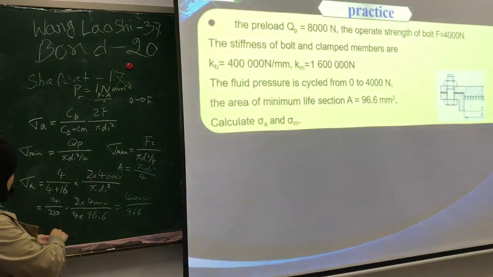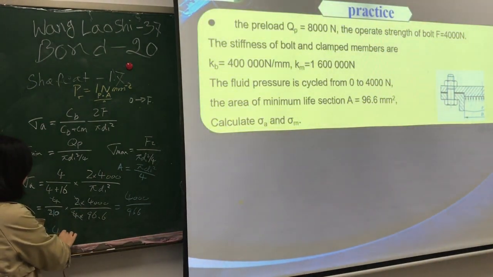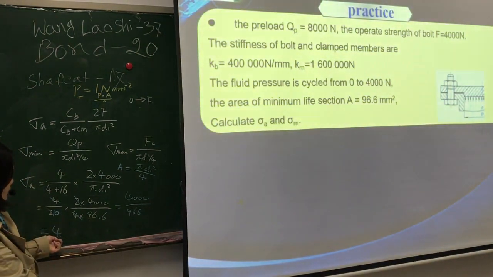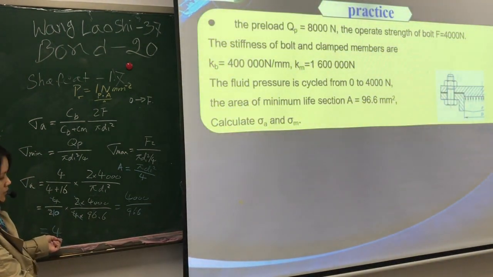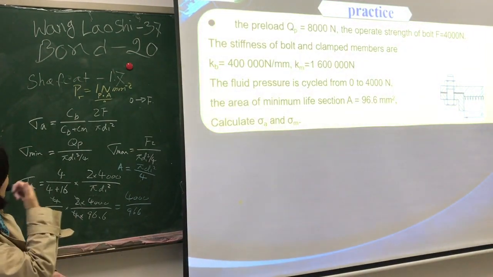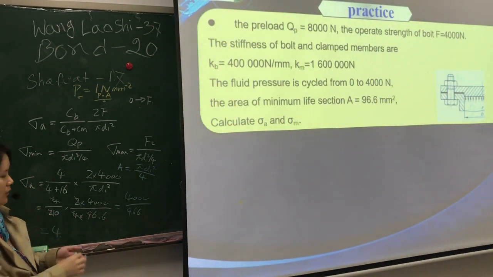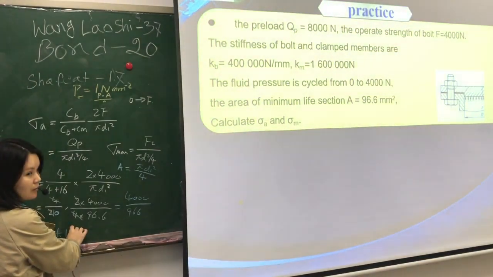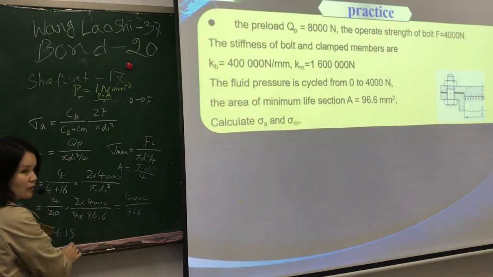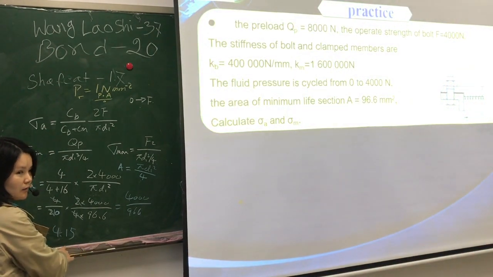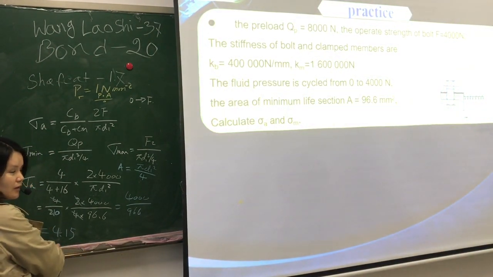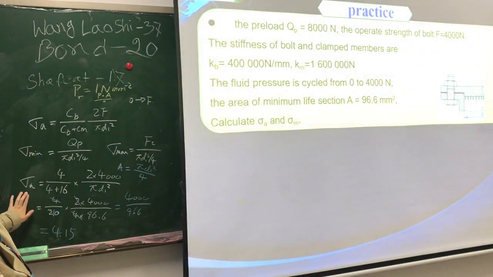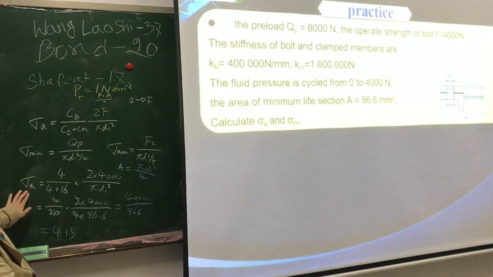So calculate, it is 4 point what? 4.115, 15. Yes. And this is the sigma A, the stress amplitude.